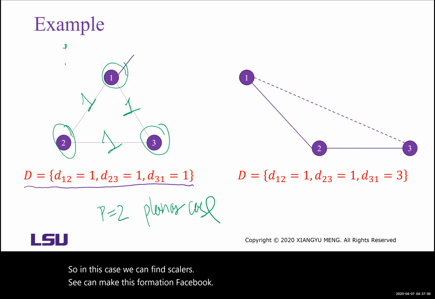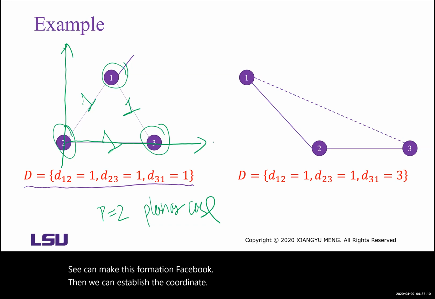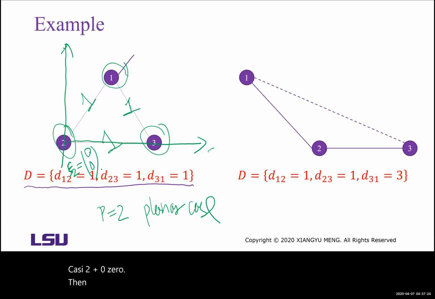Then we can establish the coordinates. We can pick agent 2's location, c2, as 0, 0. Then we can pick c3 as 1, 0, because the distance between 2 and 3 is 1. Now, this is half.